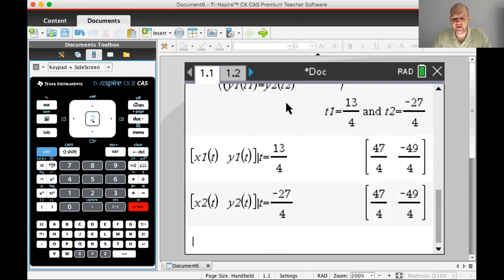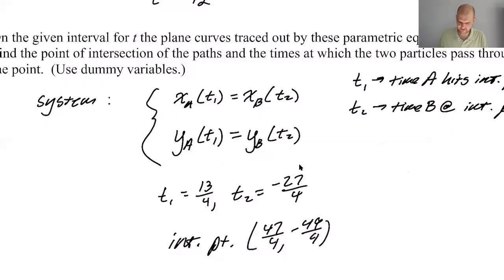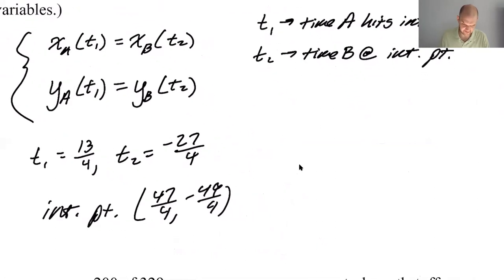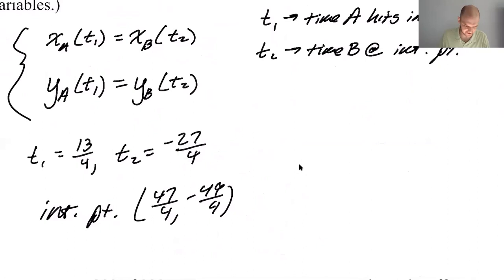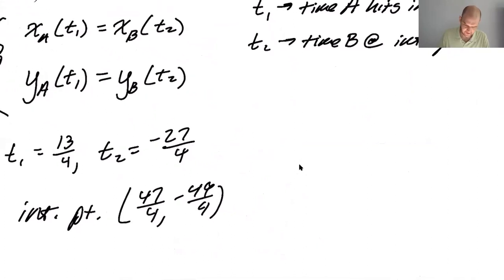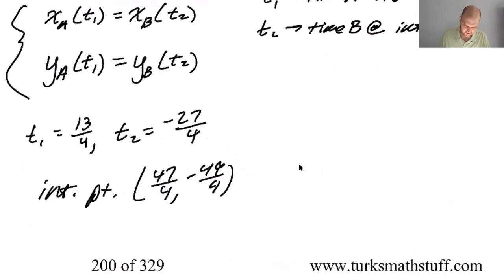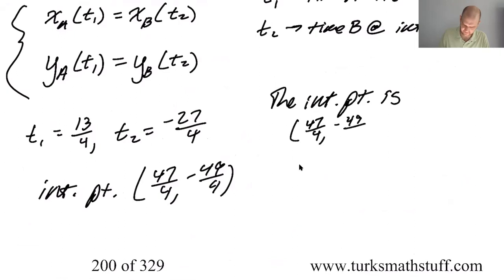So I wrote down those solutions, and then you want to write a sentence. So the intersection point is 47/4, negative 49/4.